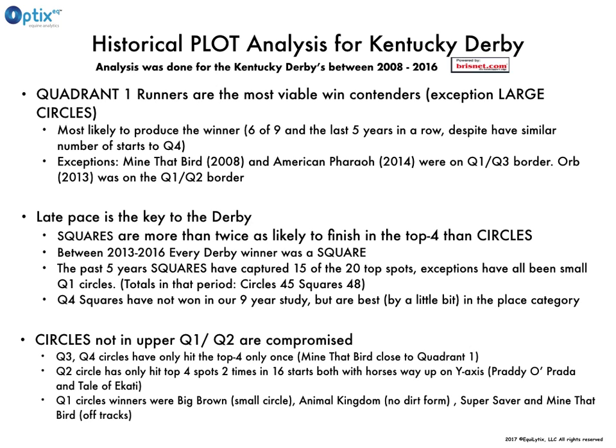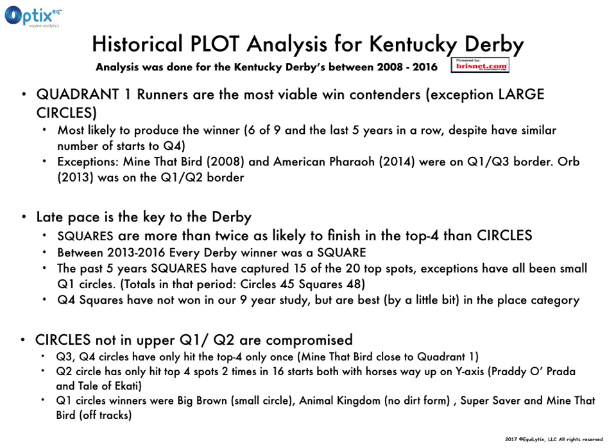Quadrant 2 circles only hit the top 4 spots 2 times, and I'll show you that both those horses were way up on the y-axis, indicating that they had some early pace, at least second call pace. So they were Pradio Prada and Tail of Acadi. Pradio Prada is more of a turf horse anyway, so I don't know if we even had a right read on him.